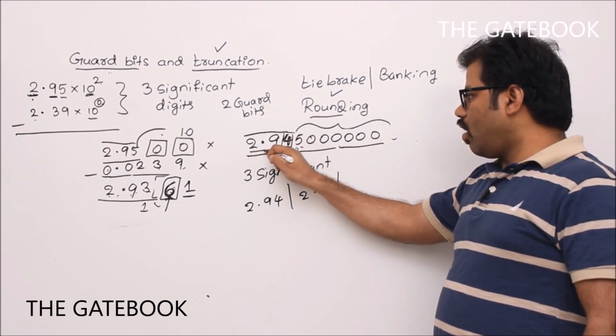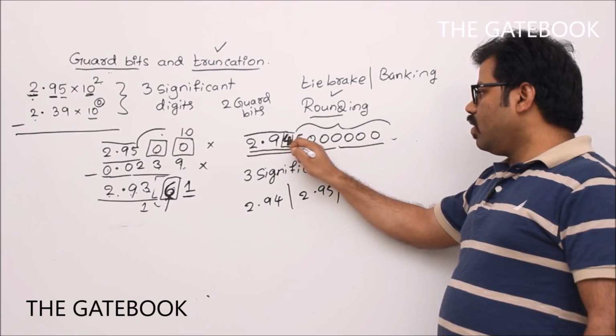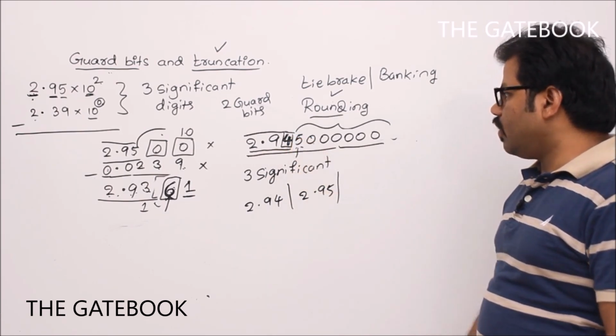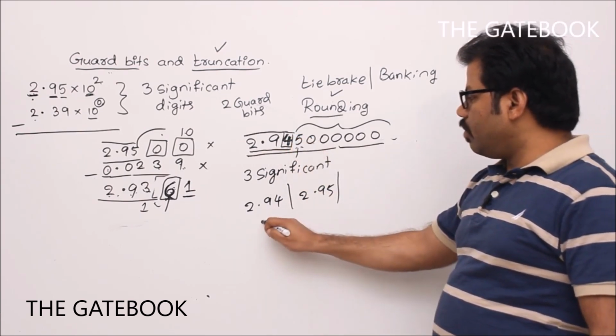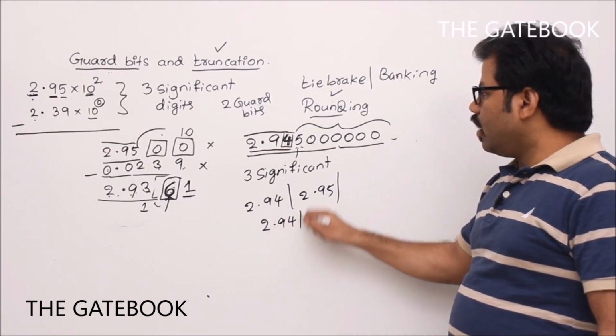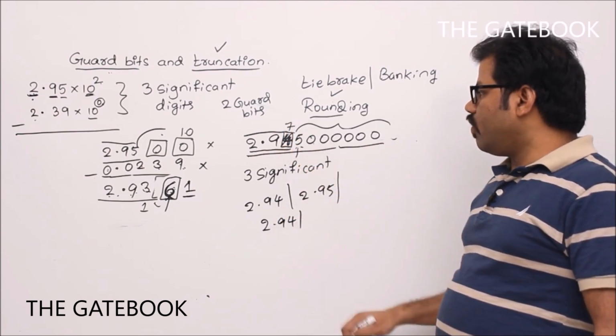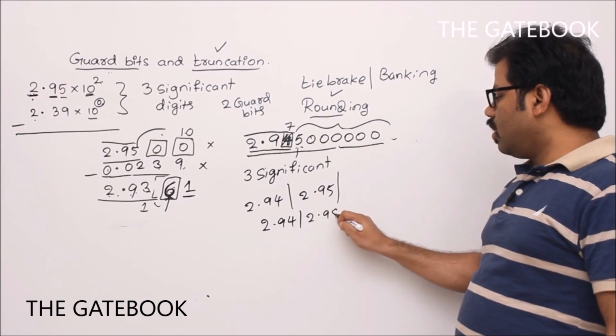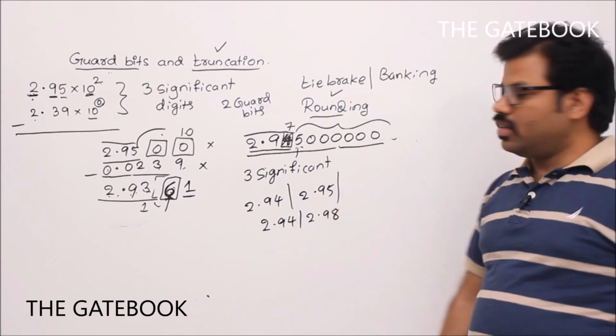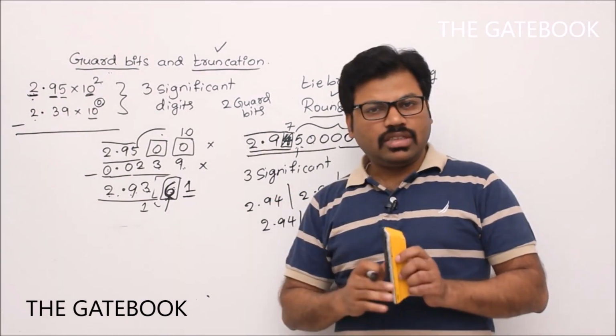We are going to retain all these digits, right? Out of them, the last digit is 4. Is it even? Yes. Then the answer will be 2.94 again. If it is something odd, then we will be adding +1 to that, and we make 2.98. That is the story about this rounding.